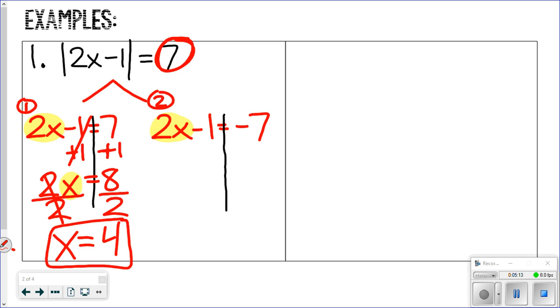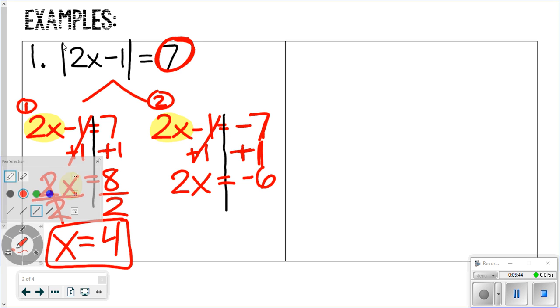And now I need to solve the equation again, and I'm going to get a different answer. But we do follow the exact same steps when we solve. So I want to get rid of or cancel out this loose number of -1 and move it to the other side. So the opposite would be to add 1 to both sides. 2x equals -7 plus 1 gives us -6.